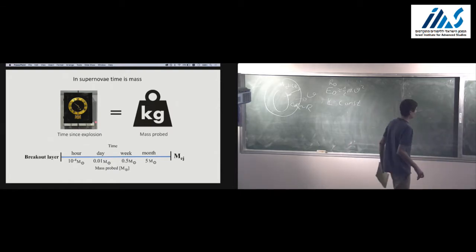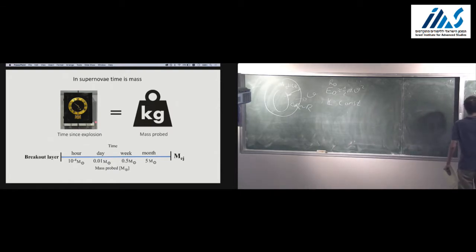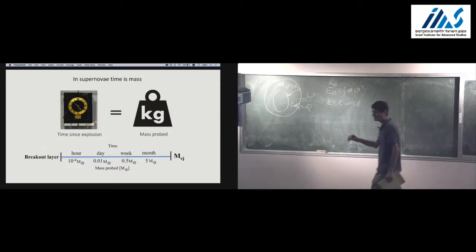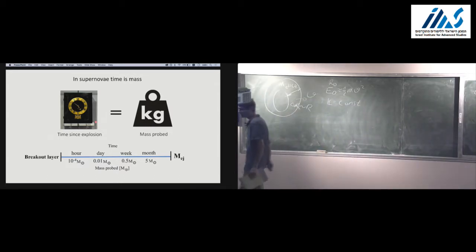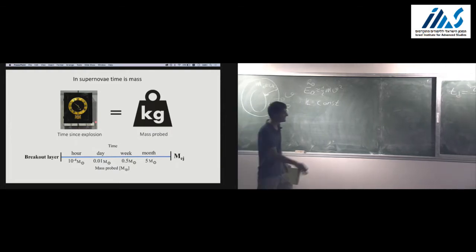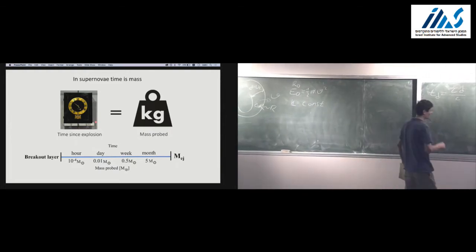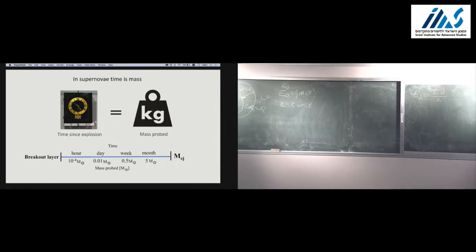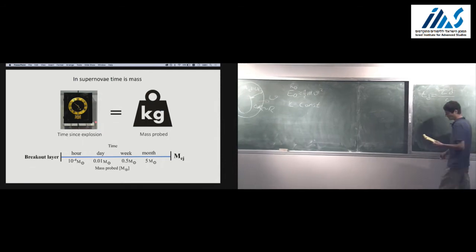So I remind you that the diffusion time scale Td is equal to the optical depth of this shell times the width of this shell divided by c. So tau over c is the diffusion velocity, d is the width, and the time to take over the width is simply the width divided, sorry, c over tau is the diffusion velocity. So d divided by c over tau is the time it takes to get there.